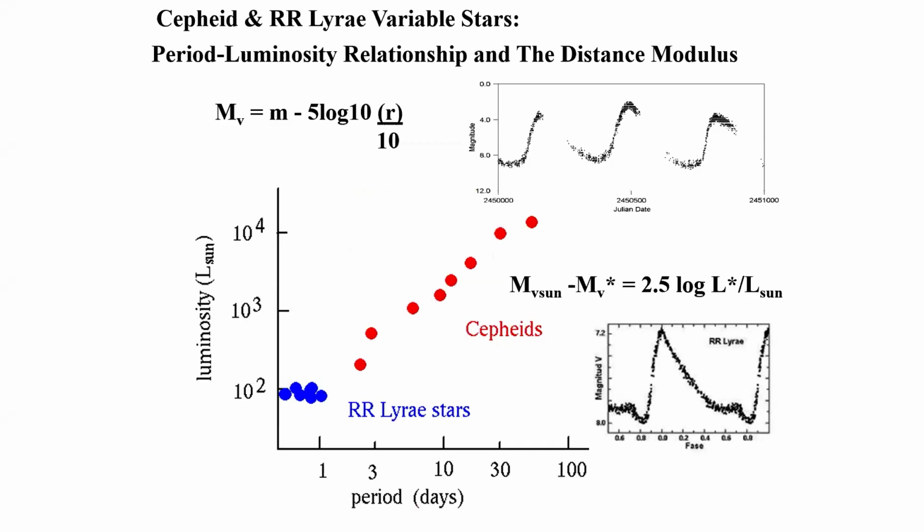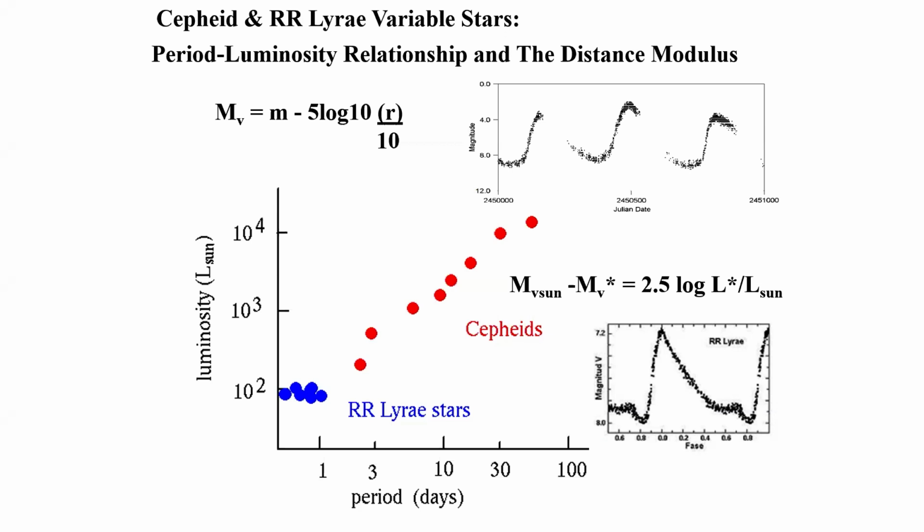So the period-luminosity relationship and the distance modulus are relationships that are used to calculate distance. And as you can see on this graph, the distance modulus is the apparent magnitude minus the absolute magnitude of the star, equal to 5 log10 of r over 10. So if you know the absolute intrinsic brightness and you know the apparent brightness, you can determine its distance.